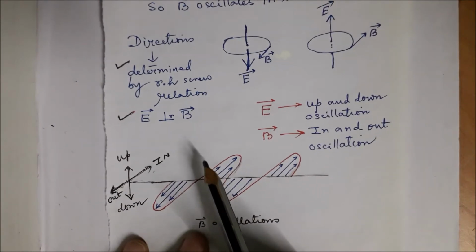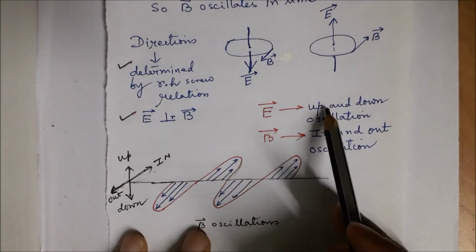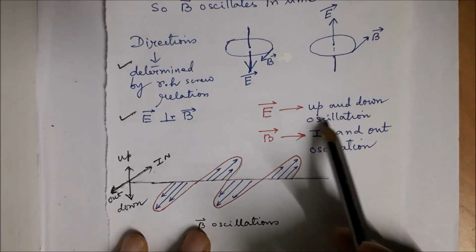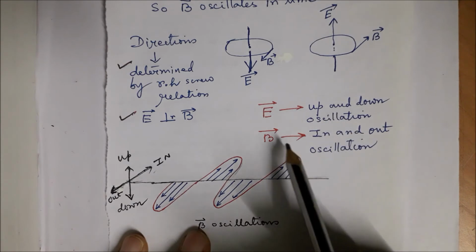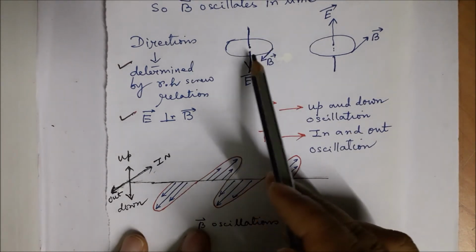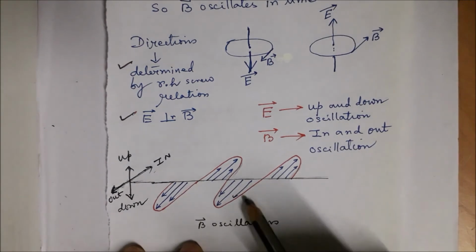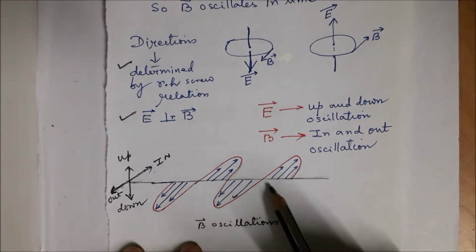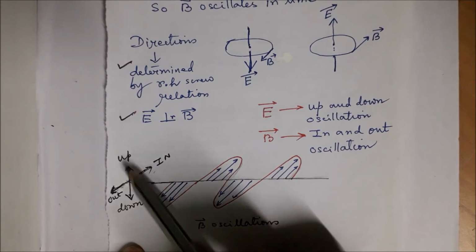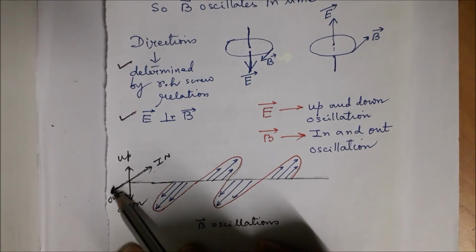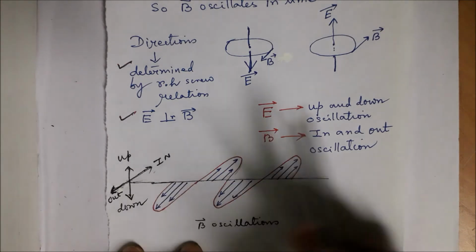Speaking in a nutshell, E corresponds to up and down oscillation, and B, being in the xy plane, we can take it to be in and out oscillation as shown here. So these are the B oscillations. So this is up and down oscillation of E, and these are the B oscillations which is in and out.